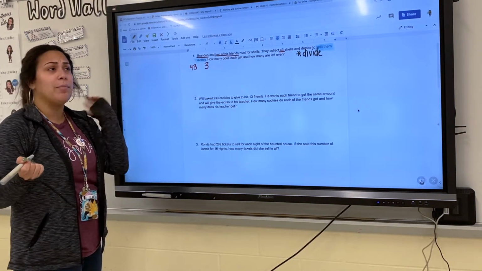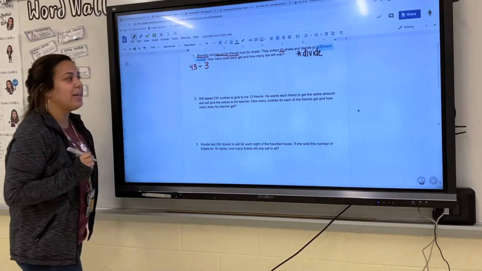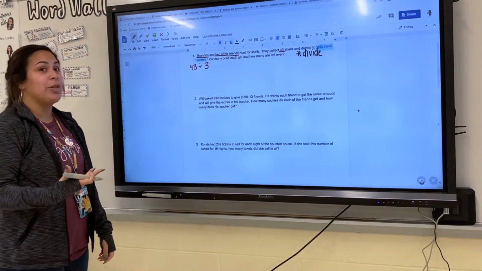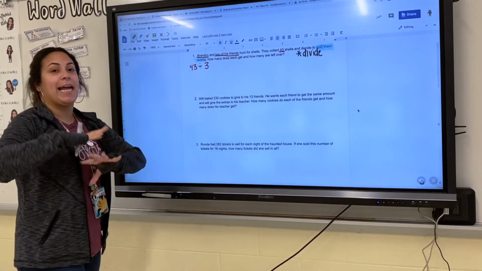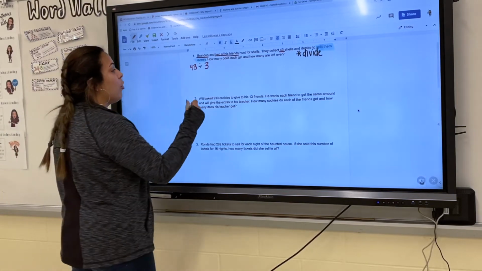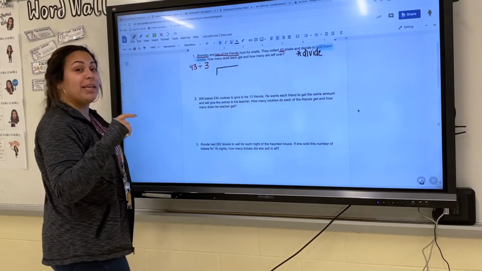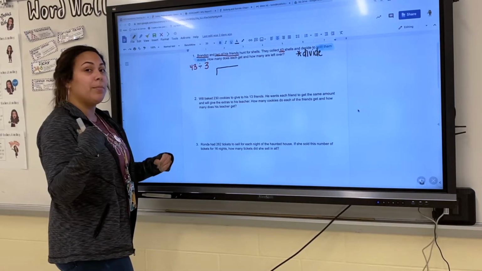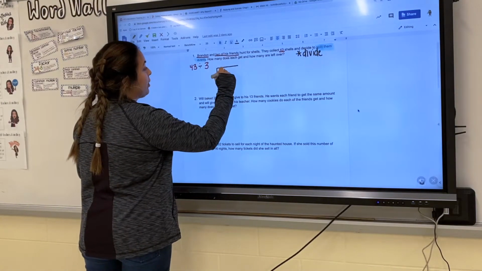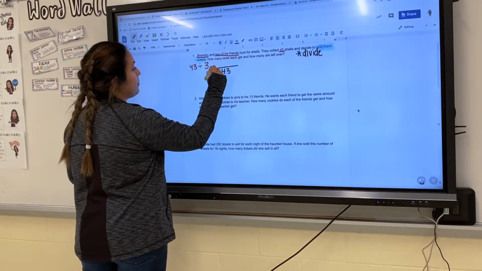Now I have my 2 numbers, 43 and 3, so I'm just going to put my little division symbol there. So now that I know I'm dividing and I know the information, I'm going to set up my standard algorithm. 43 is my dividend because that is the number I'm splitting apart. That is the number I'm dividing. So 43 goes on the inside and 3 goes on the outside.